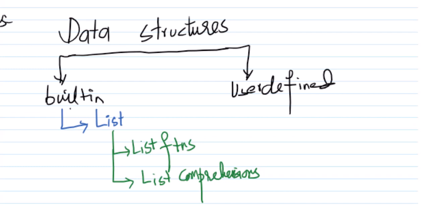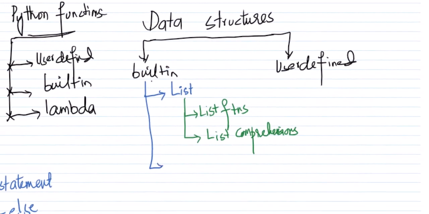After it, we started another very important data structure, and that is the dictionary. In dictionary, what did we discuss?